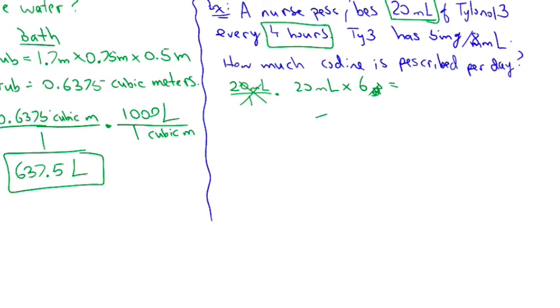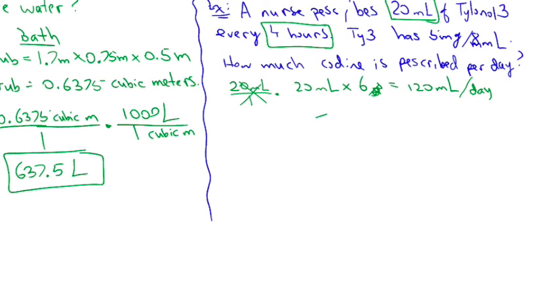So this would be how many milliliters? 120. Alright, so it's best to get rid of that per every 4 hours or whatever, and just change it into a day right away. So 20 milliliters times 6 gives you 120 milliliters per day.